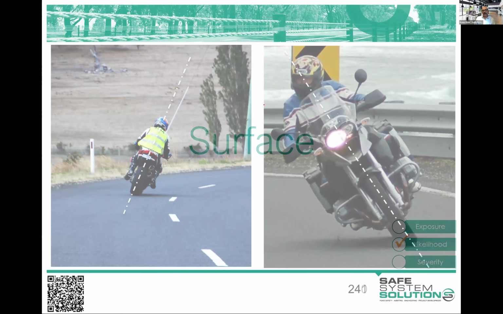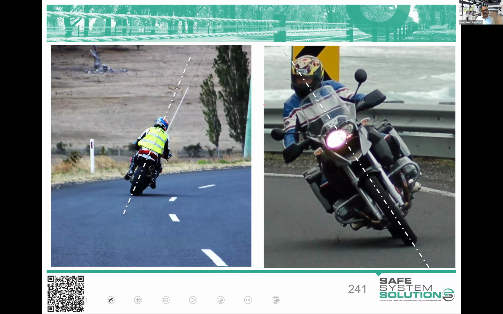And of course, motorcyclists lean as they take a curve or a corner, and the center of gravity then is sort of shifted out, and the surface becomes such a critical aspect to a motorcyclist staying upright, and their reliance on that contact patch with the surface, the two small contact patches, is so important.